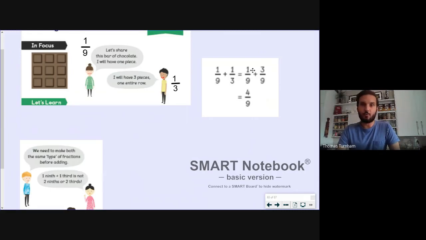So I'm talking about 1 part of a chocolate split into 9 pieces and 3 parts of a chocolate split into 9 pieces. So I can do that simply by adding the numerators, and 1/9 plus 3/9 becomes 4/9. Really, really important. You can't just add the numerators if the denominators are different. The denominators must be the same in order to add or subtract the numerator.